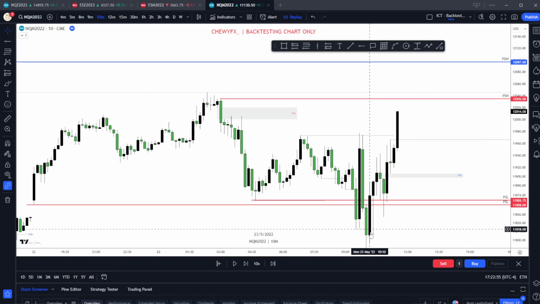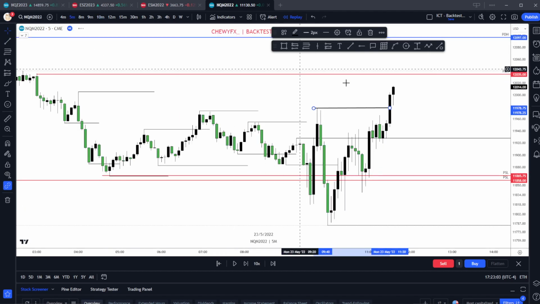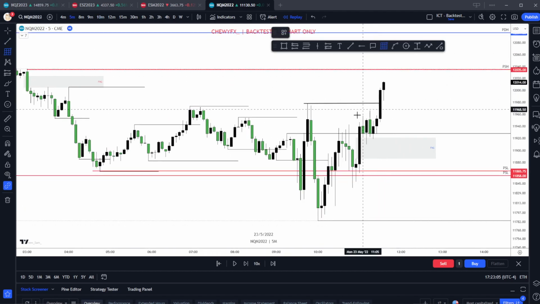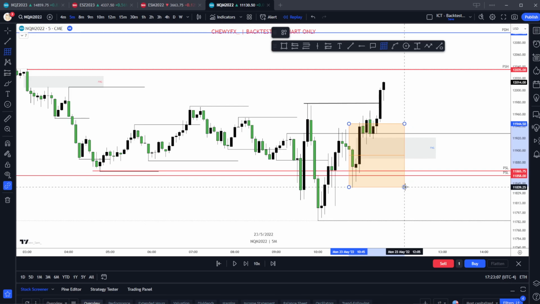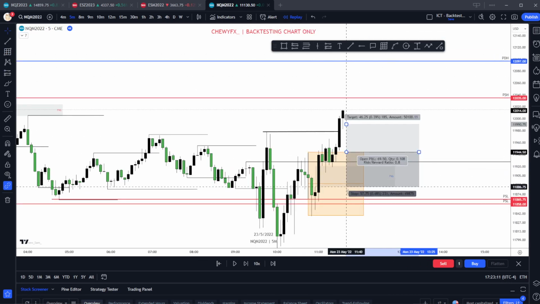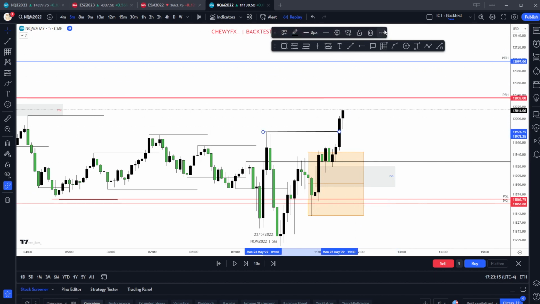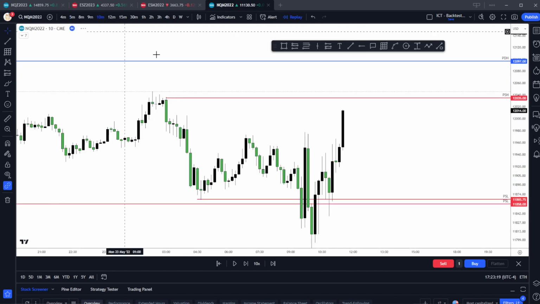Okay, we had a break of structure. Okay, and then we can see here that we had a 10-minute market structure shift. So I could look for an entry using this order block right here. But you can see the size of the order block is absolutely massive. So we are not interested in taking that entry there.